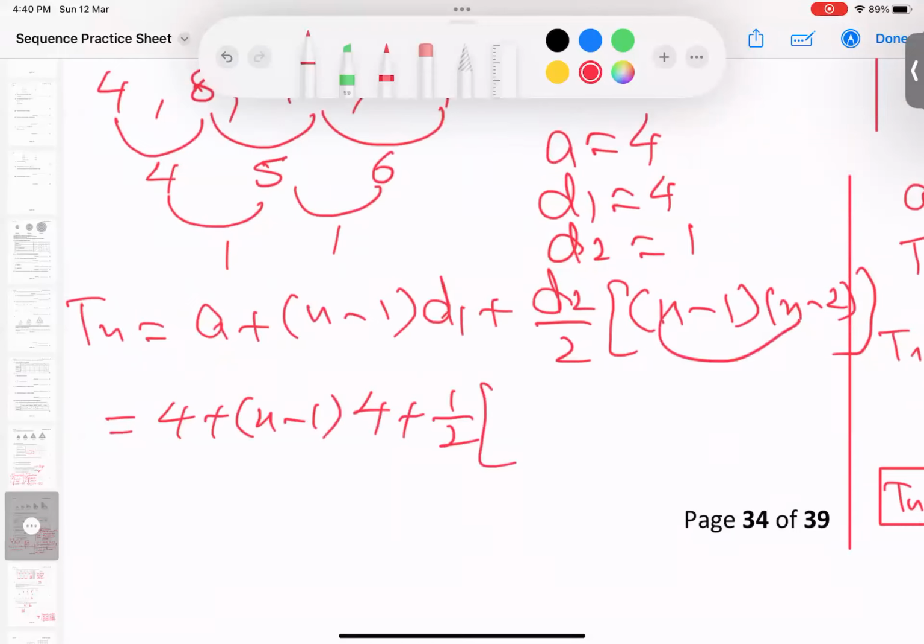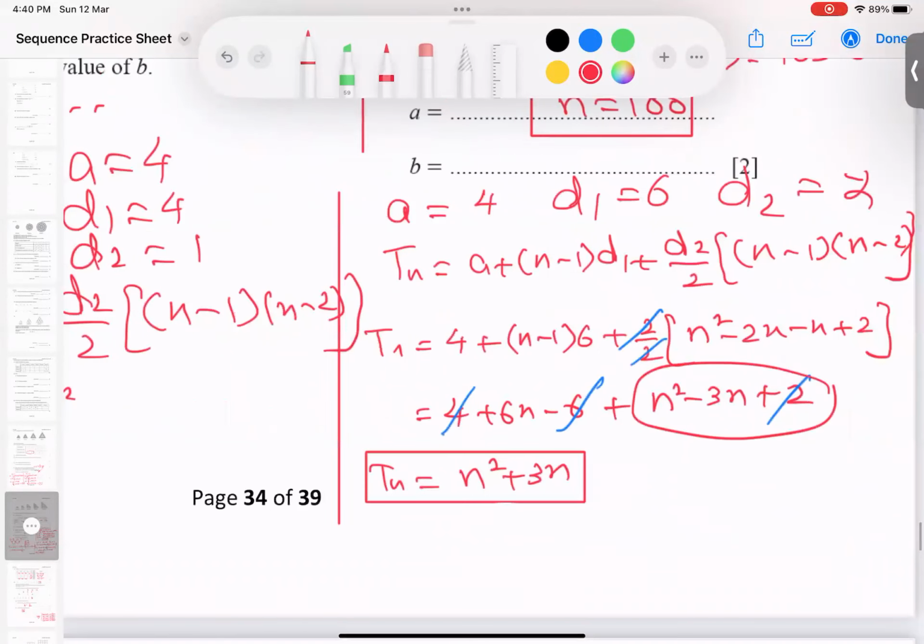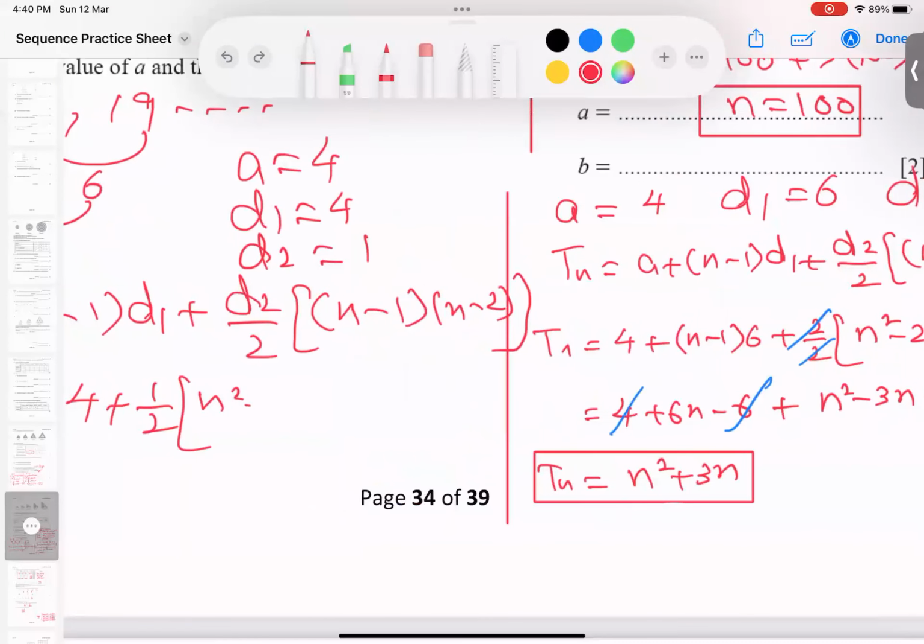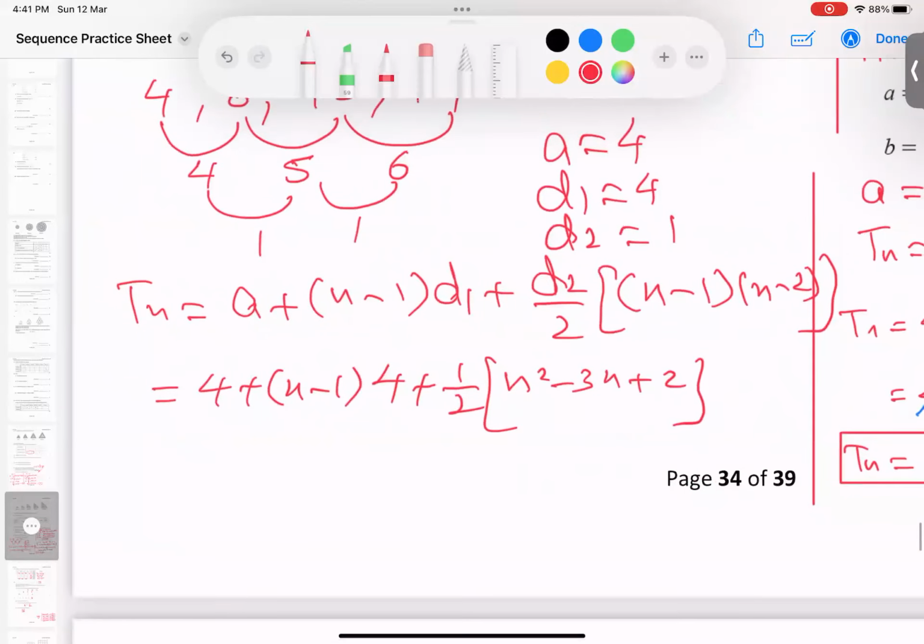So you can copy n minus 1 times n minus 2 from here, why waste our time? It means n squared minus 3n plus 2, saving our time. This 4 multiplies with n and with minus 1, I got 4n minus 4.